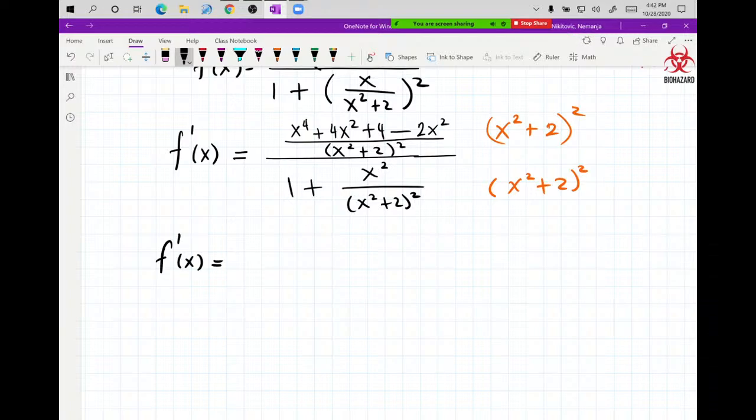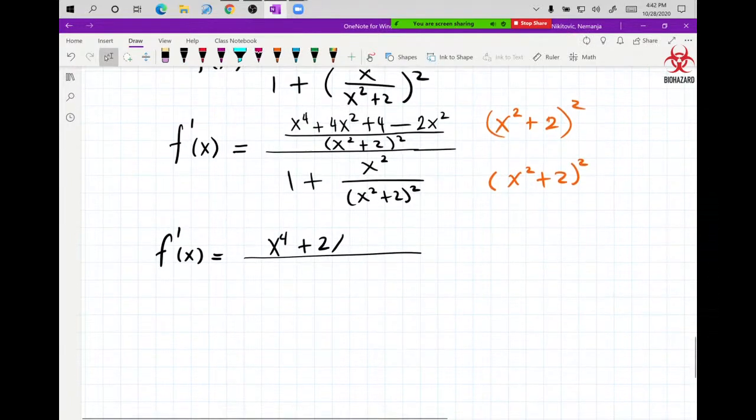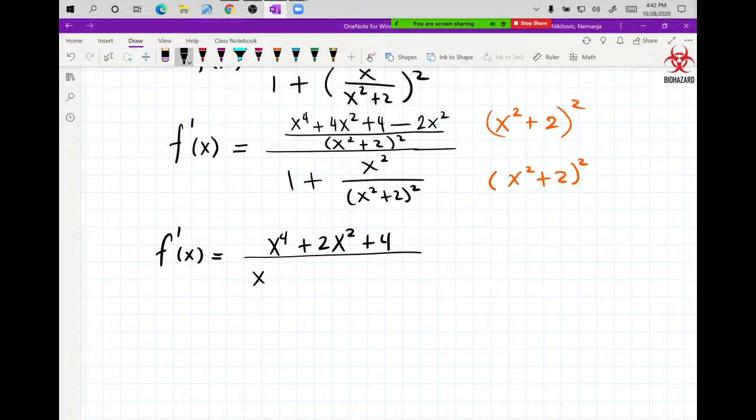So hello algebra, right? On the top, this just cancels, so you get your x to the 4th plus 2x squared plus 4, when you combine like terms. Denominator canceled. On the bottom, you have the x squared plus 2 when you multiply into 1, and then just plus x squared on the second term, it cancels.